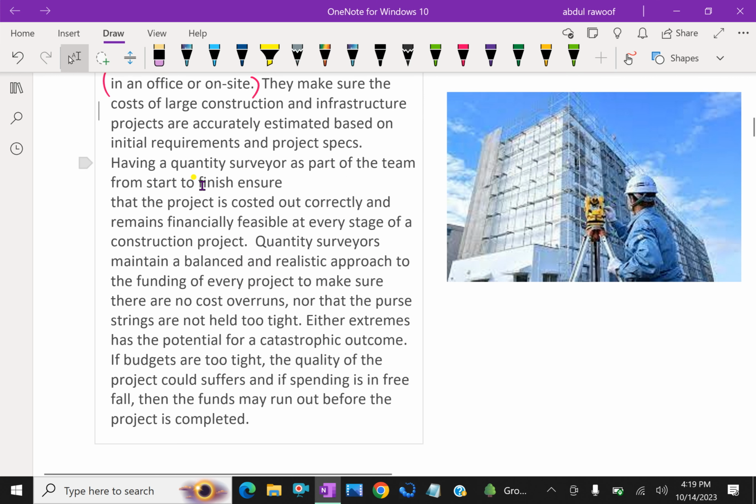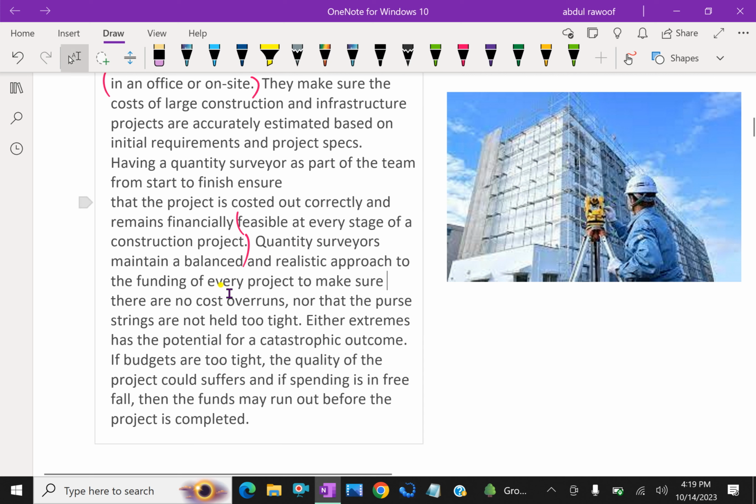Having a quantity surveyor as part of the team from start to finish ensures that the project is costed out correctly and remains financially feasible at every stage of a construction project.